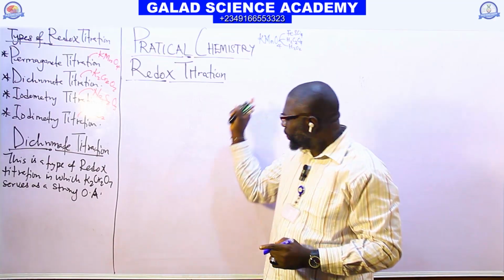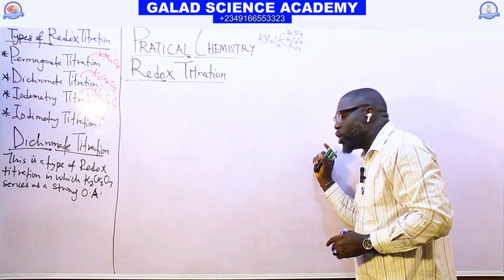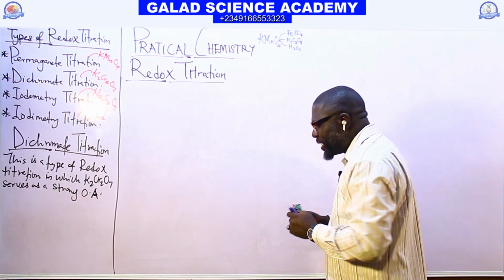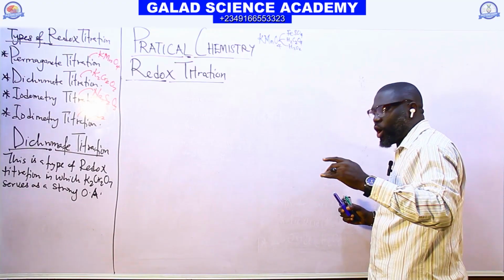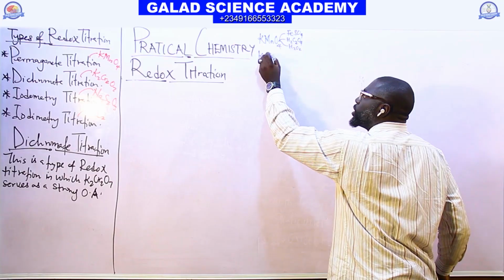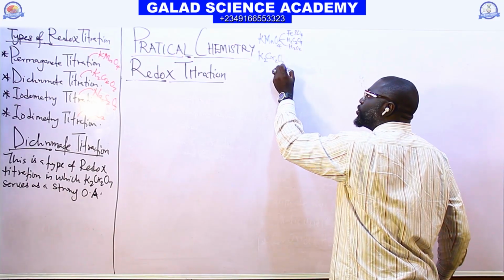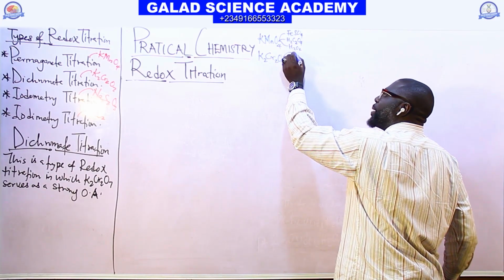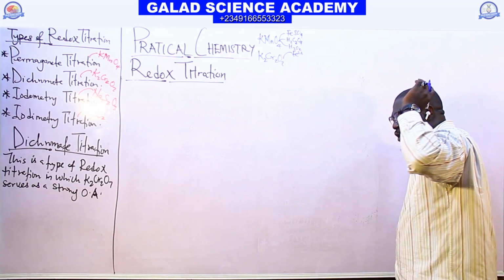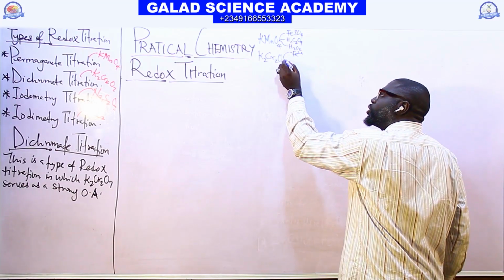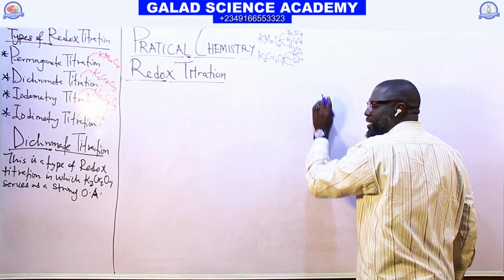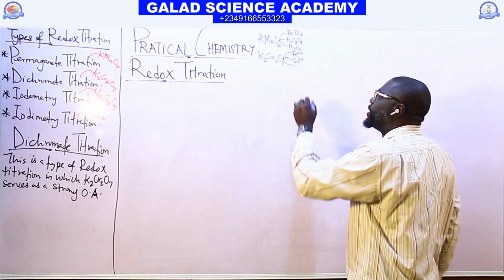It is also used to determine the concentration of reducing agents. K2Cr2O7 can be used to determine the concentration of iron, tin 2 plus, and also iodide ion.